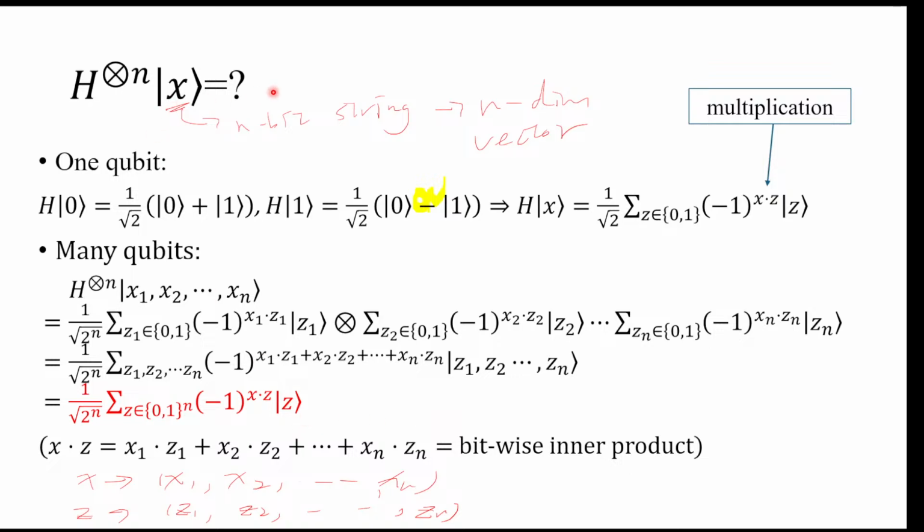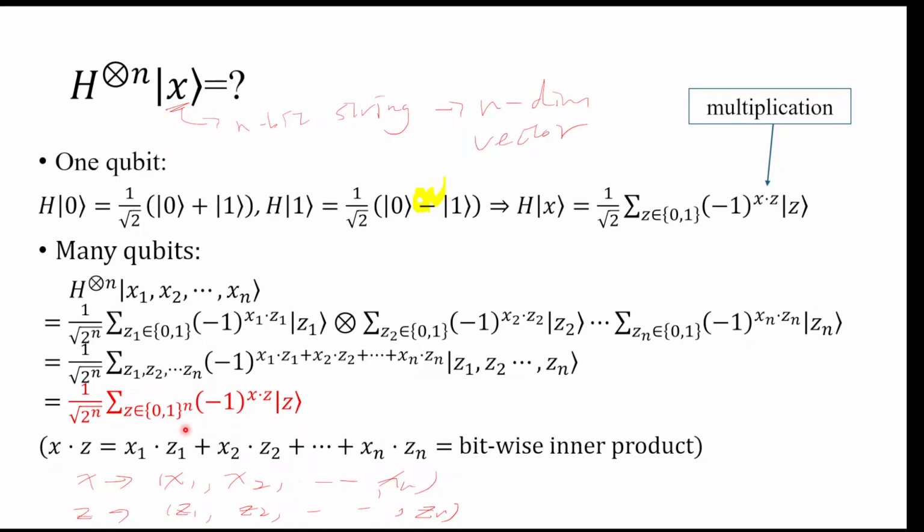When we say inner product, we think of this as the bitwise inner product between two n-dimensional vectors. So x dot z is x1 times z1 plus x2 times z2, all the way to plus xn times zn. This is a number you can do mod 2 or not, because it's minus 1 to the power.